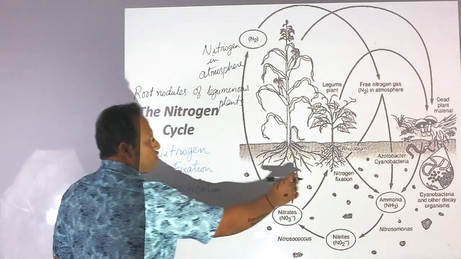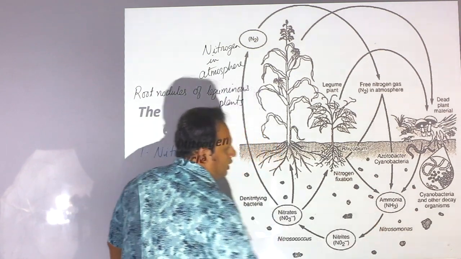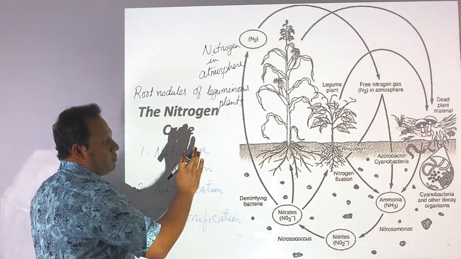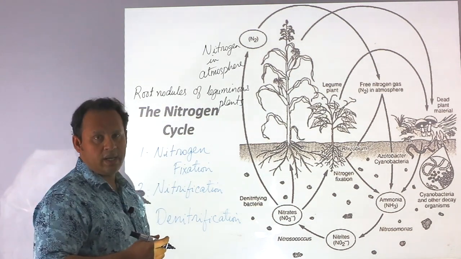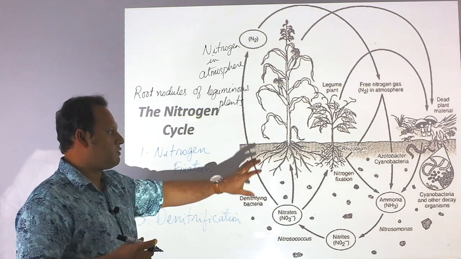So you have nitrogen fixation making ammonia, and the name of the bacterium that is there in the root nodules is Azotobacter.